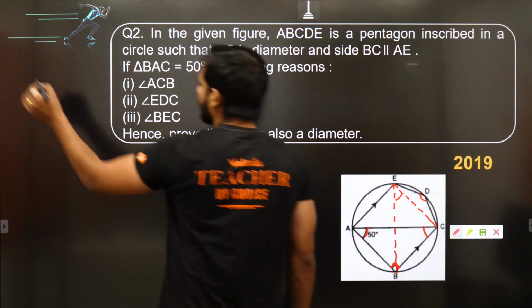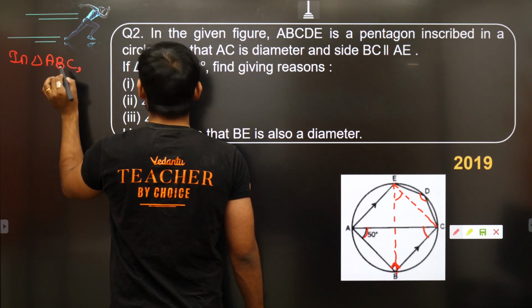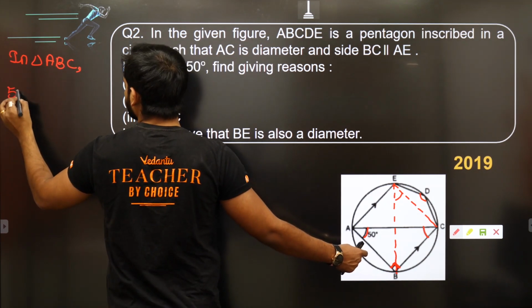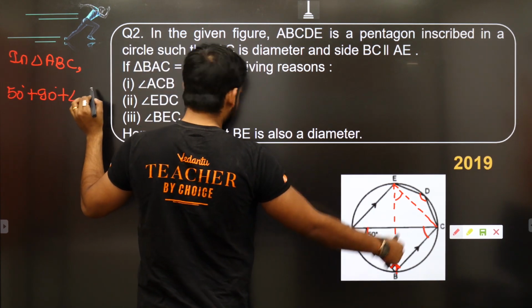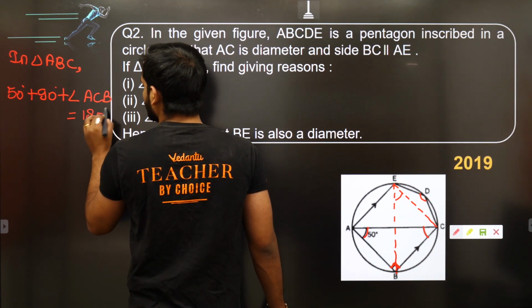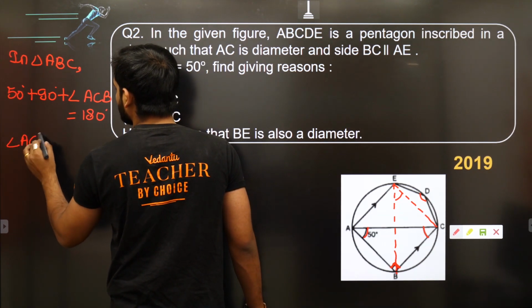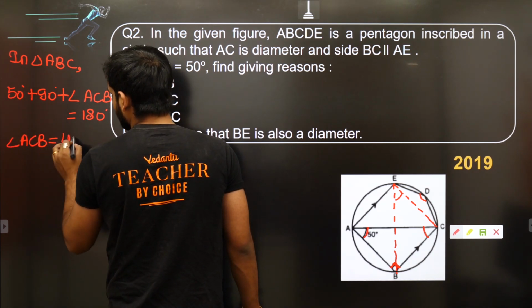So I can say, in triangle ABC, if I use angle sum property, this is 50 plus 90 plus angle ACB equal to 180 degree. If you solve this, angle ACB will be equal to 180 minus 140, which is 40 degree.